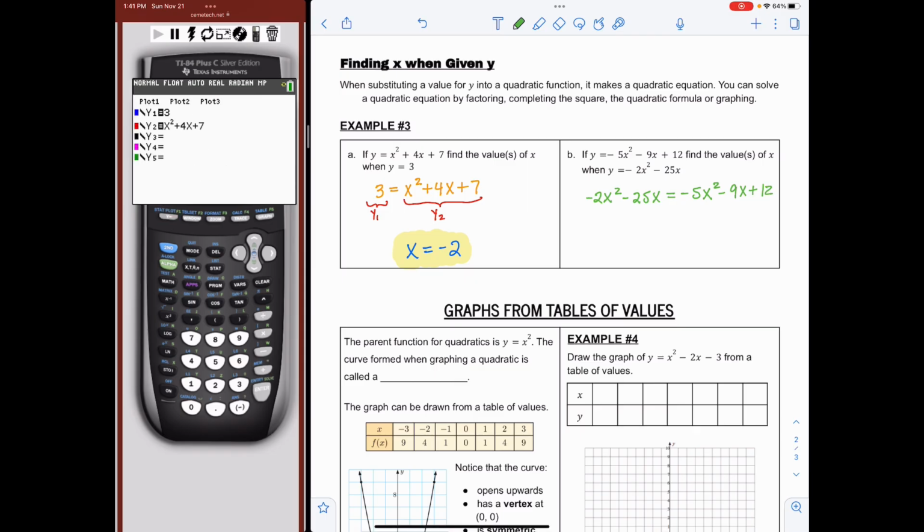So I'm going to put my left side in y1 and my right side in y2. And then I'm going to let the calculator calculate the intersection.